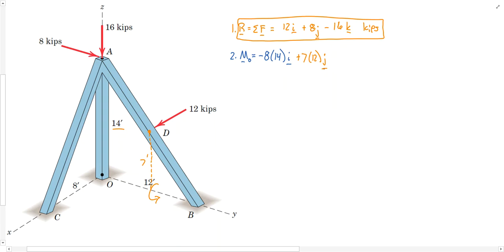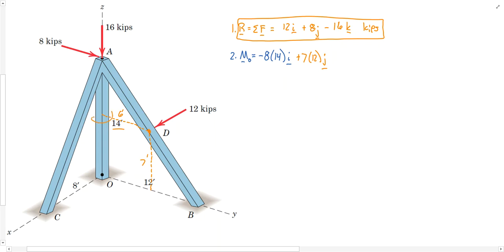And then if we think about the moment that the 12 kip force makes around the z-axis, that's the only one that can, since the 8 and 16 both hit it. The horizontal distance that this point D is away from the z-axis is half of the horizontal distance between O and B, and so that must be 6 feet.